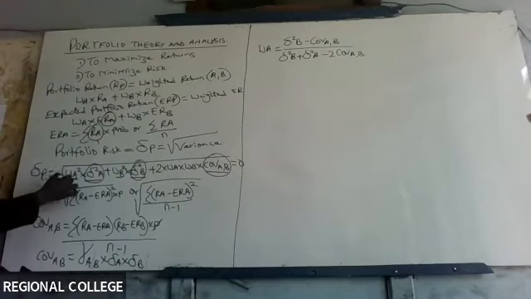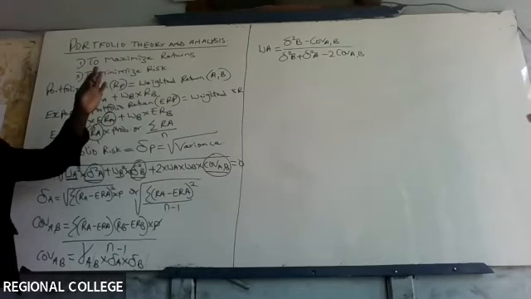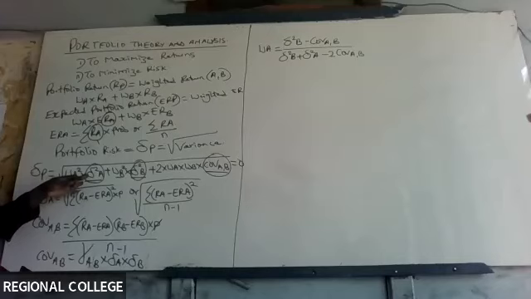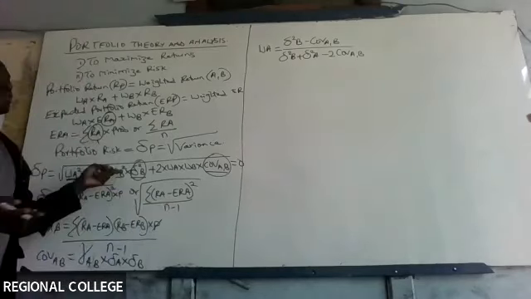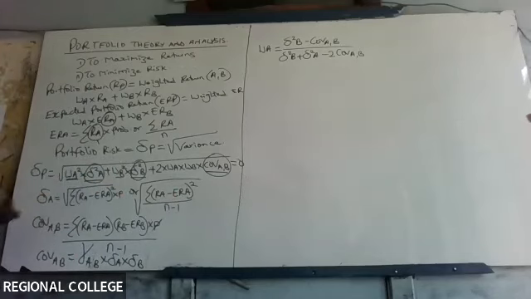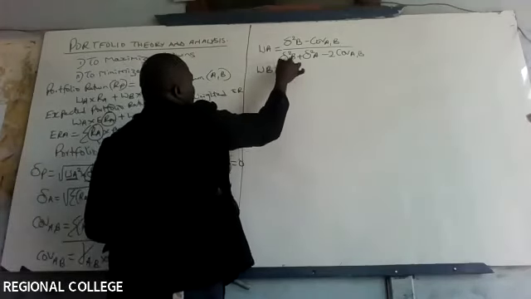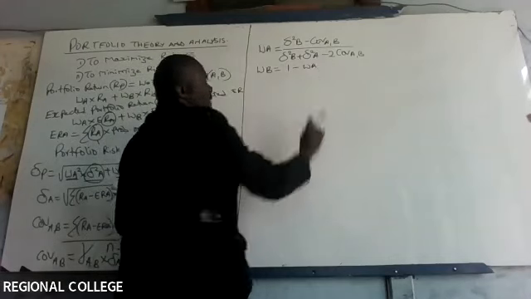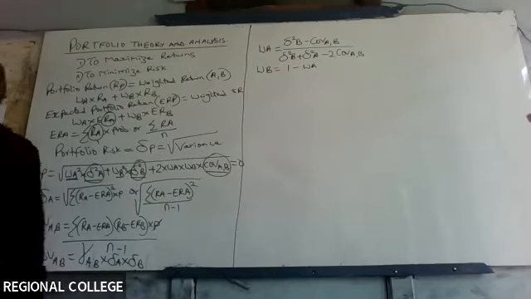If you forget the formula, you let weight of A be X, and weight of B will be 1 minus X because the total weight has to be 1. Although it will confuse you, if we can memorize the formula, the better. So if that is the weight of A, weight of B will be 1 minus weight of A.